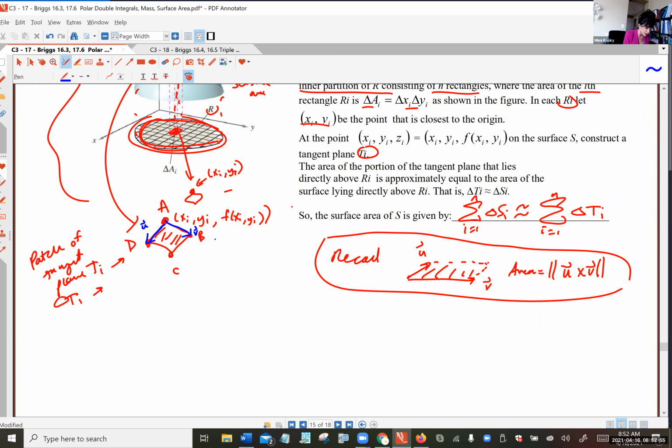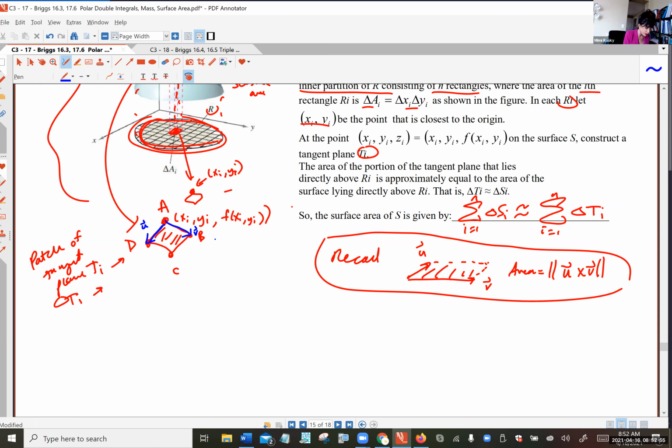The coordinates for B, since it's going in the positive y direction, the x coordinate is the same as A's, but the y coordinate is y sub i plus 1. And then the z coordinate will simply be f evaluated at x sub i, y sub i plus 1.